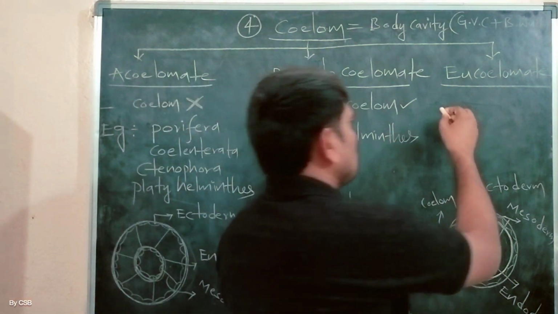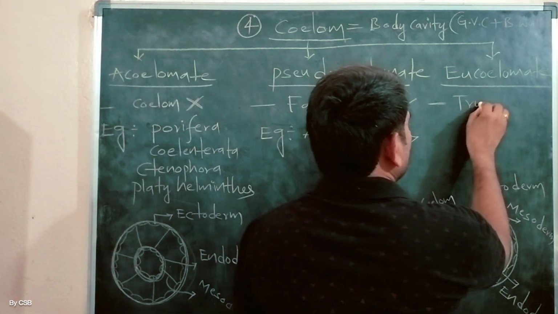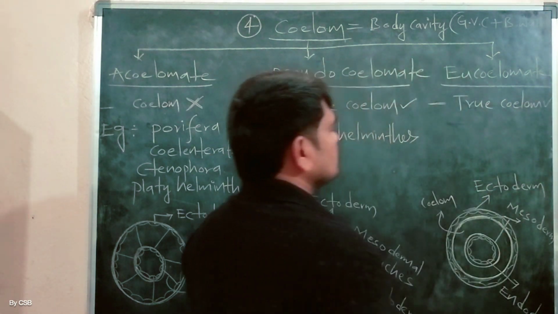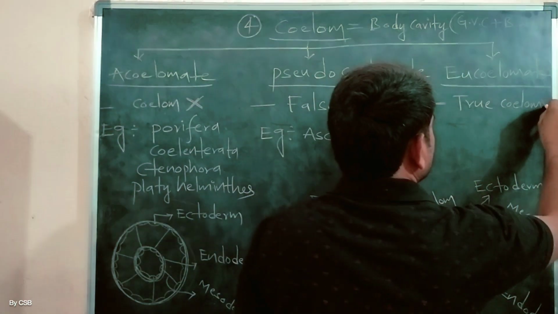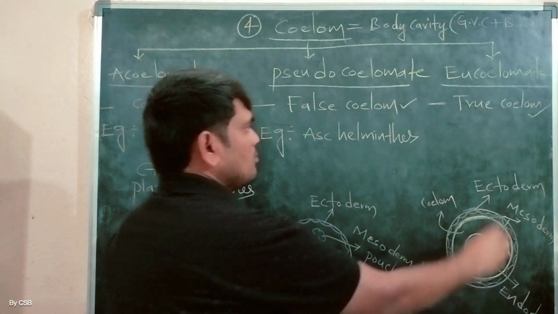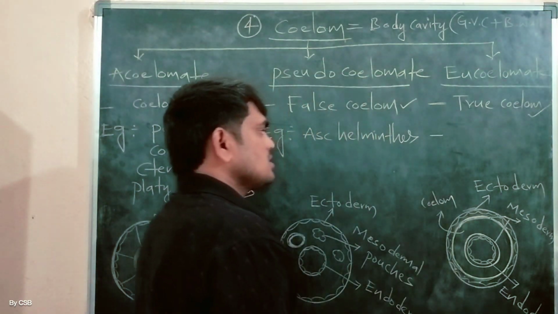Here, eucoelomates are those in which true coelom is present. True coelom is present means what? Let me give the best example.